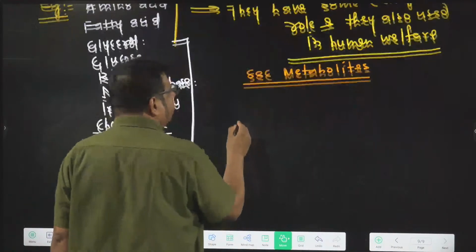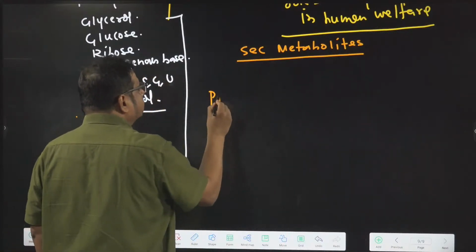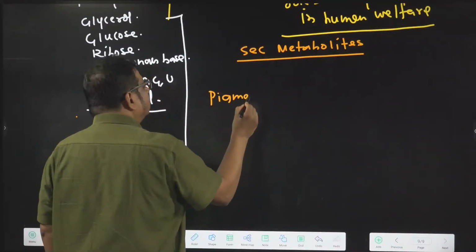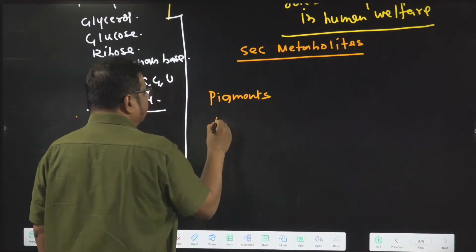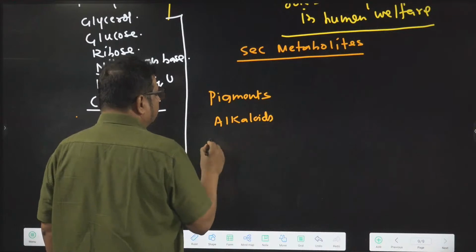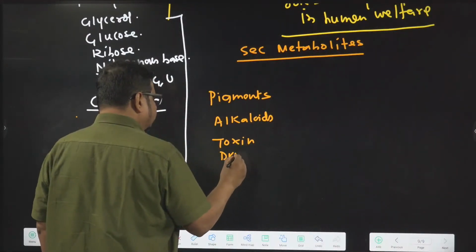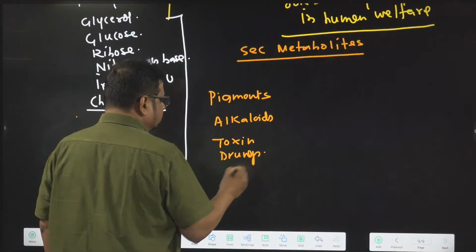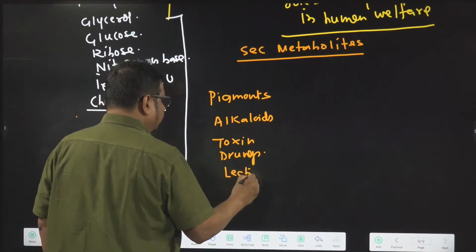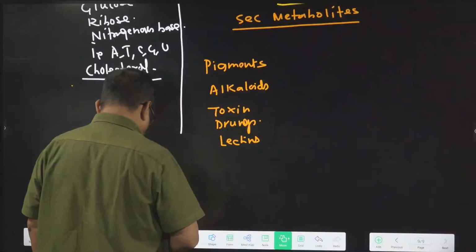So first of all I am writing some examples of secondary metabolite categories: pigments, alkaloids, toxins, drugs, lectins, terpenes.